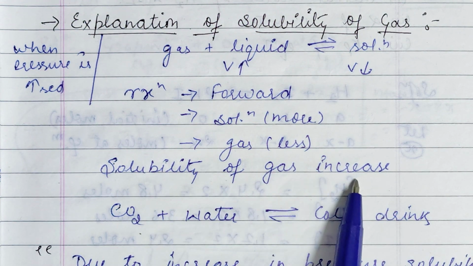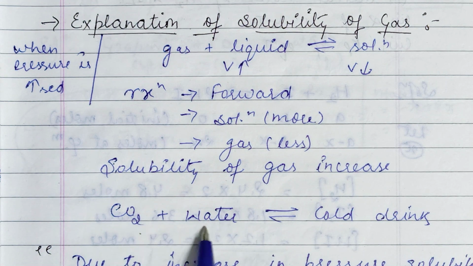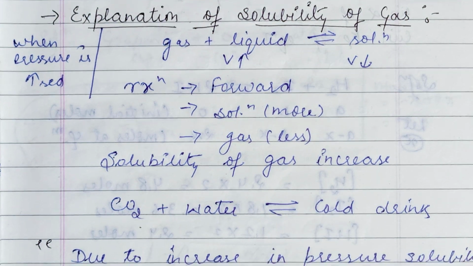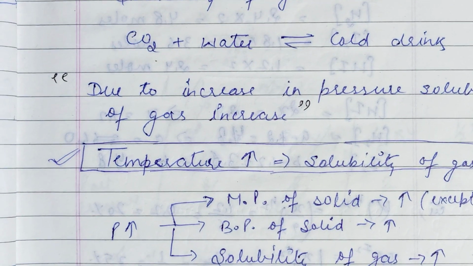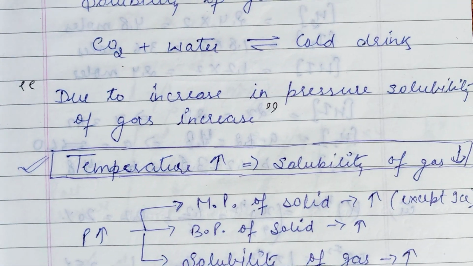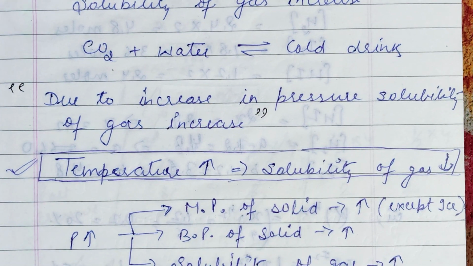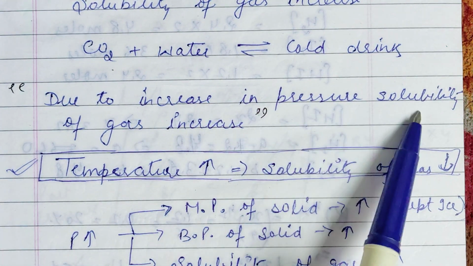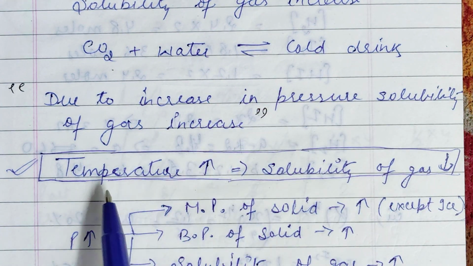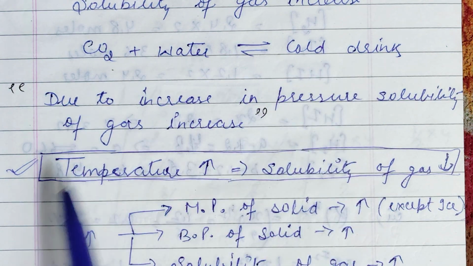Solubility of gas increases. CO2 plus water gives an equilibrium in a cold drink. A cold drink has CO2 mixed in. So this is the example: due to increase in pressure, the solubility of gas increases in cold drinks.